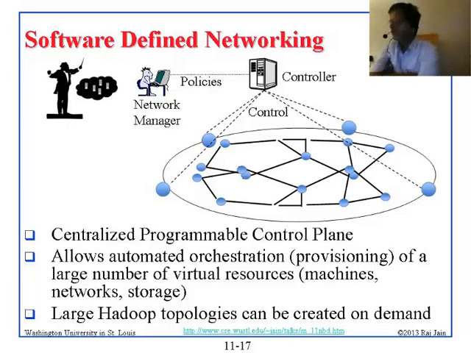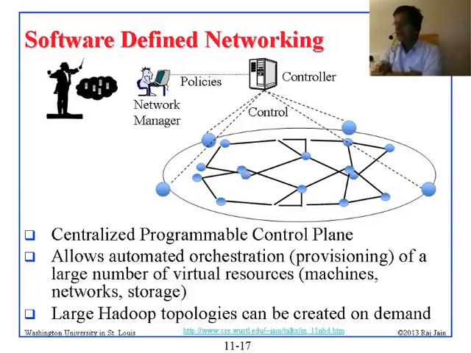Okay, so for the control plane, they said we just need to not do it in every router and every switch, and we can take all the control plane and put it into one computer. That is the controller, which gets the connectivity information from everybody, finds out the shortest path, makes routing tables for everyone, and sends them out.